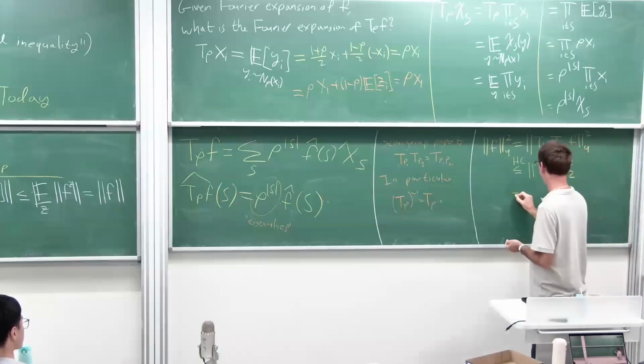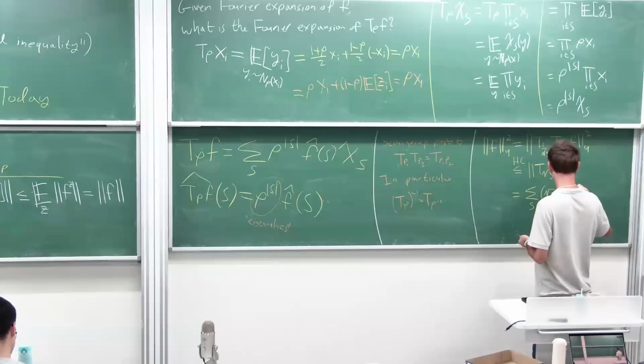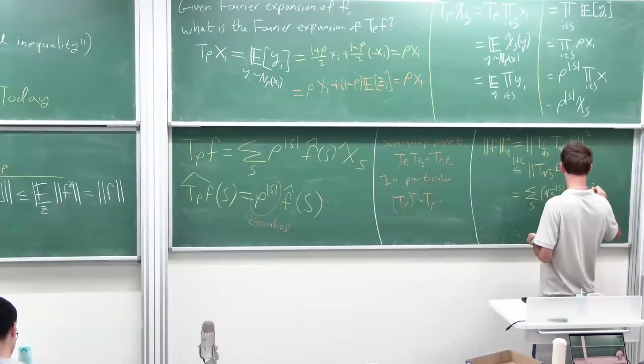Okay, and this is the sum over S of square root 3 to the S times f hat of S, squared.